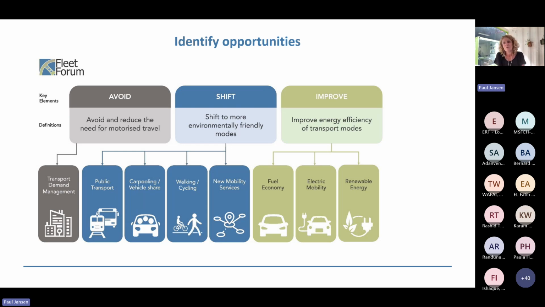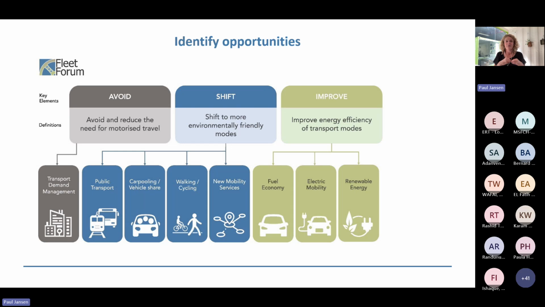Here you can think about optimizing your fleet, optimizing your journeys, introducing people to vehicle sharing. There are a lot of opportunities that you can pursue. Also promote remote working with your colleagues, because like I said, the cleanest kilometer is the kilometer not driven.